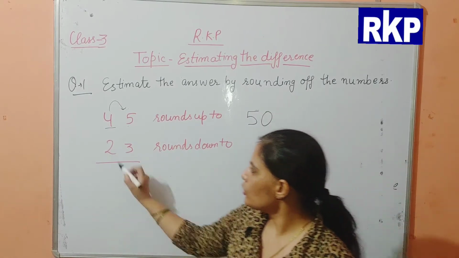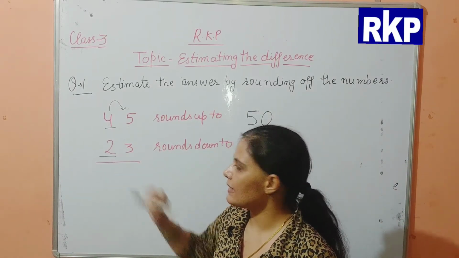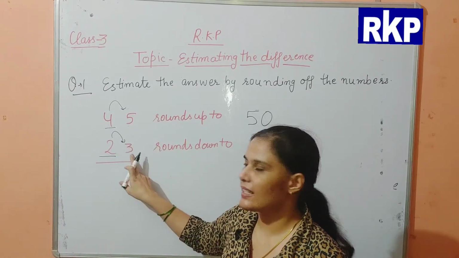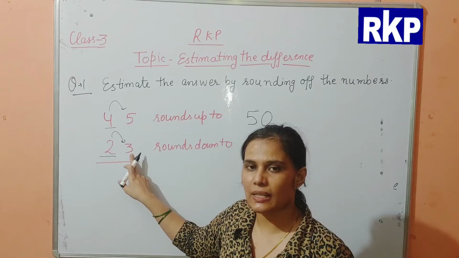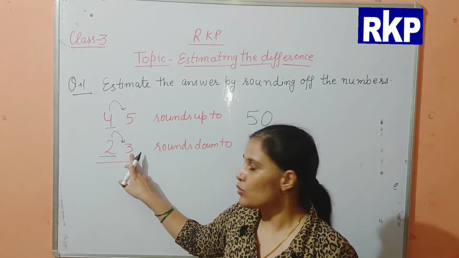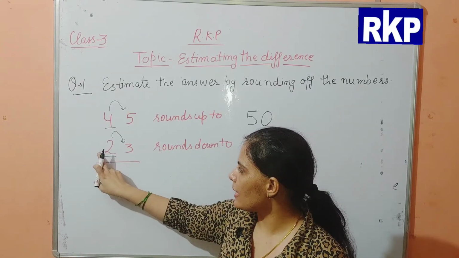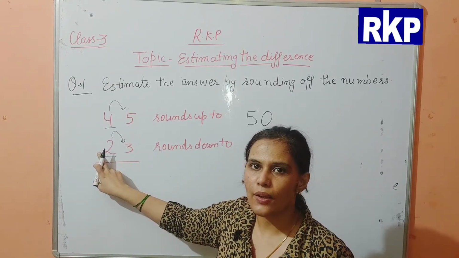Okay, now do the same here. First of all underline the tens place and see the digit to the right of the tens place, that is the ones place. If the ones place digit is less than 5, then the number will not increase by 1.